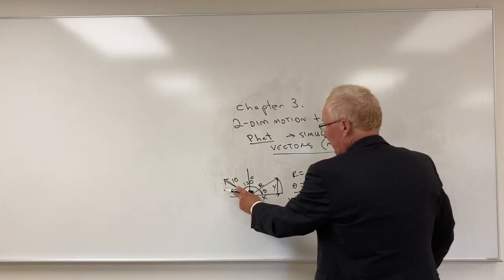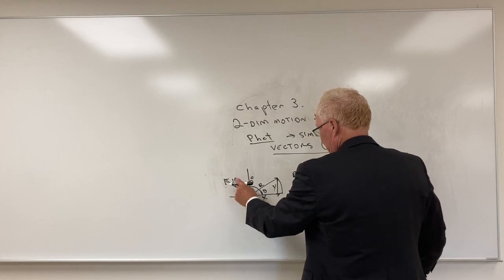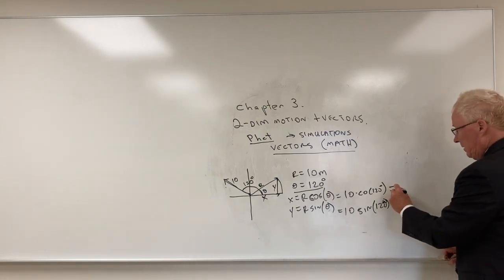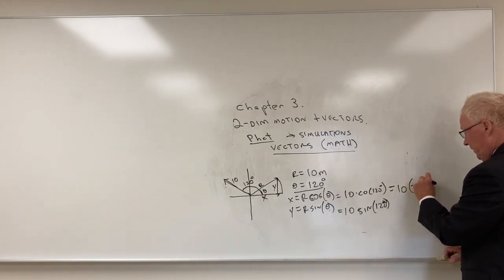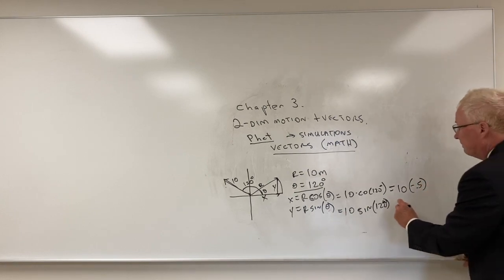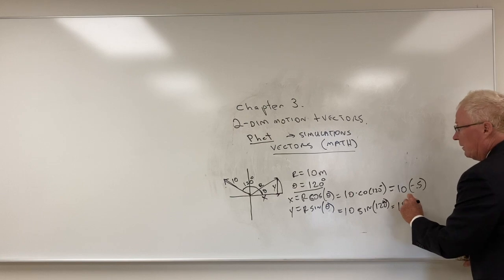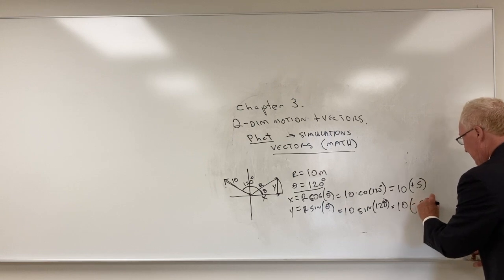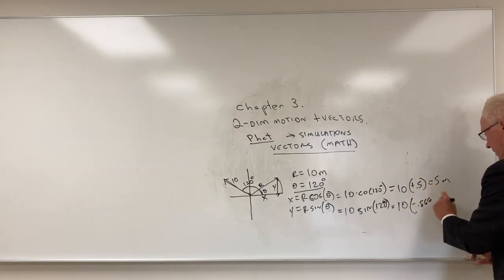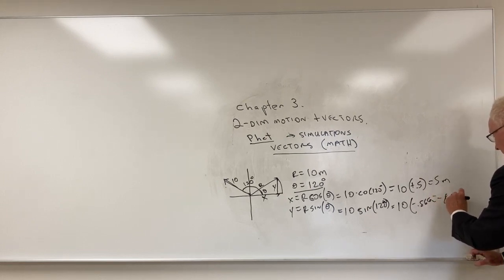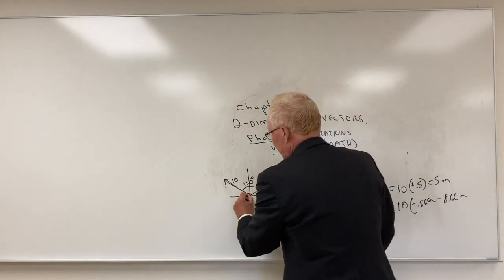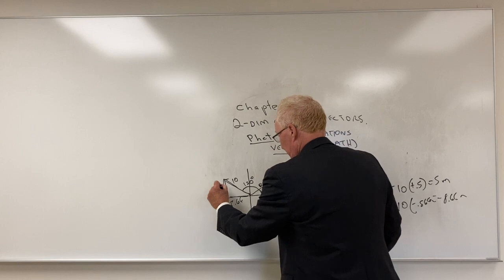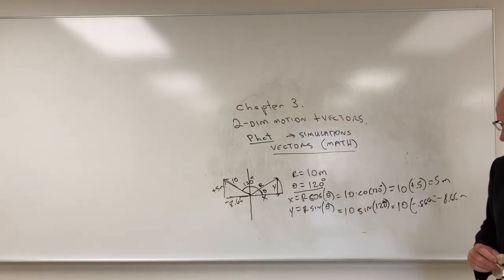The cosine of 120, that's 60 reference, would be 10 times minus 0.5, and sine, oh, plus, I should say, this is still vertical, would be 0.866. So X would be minus 5 meters, and Y would be plus 8.66 meters. So that's how you do that part.